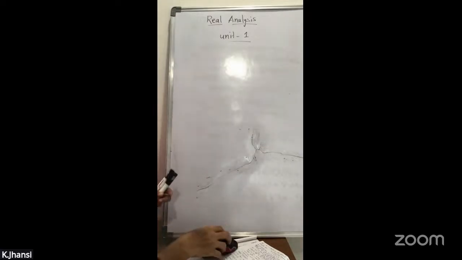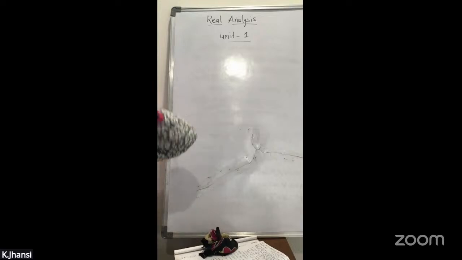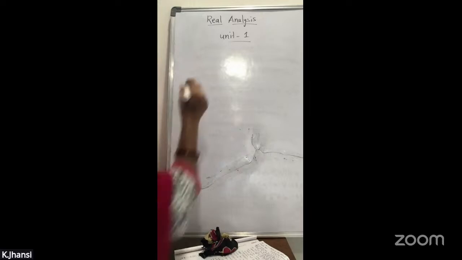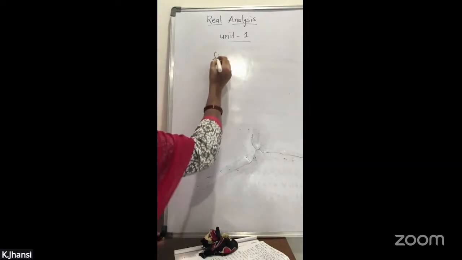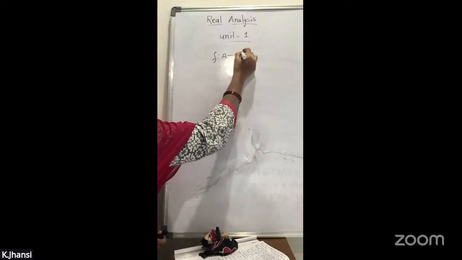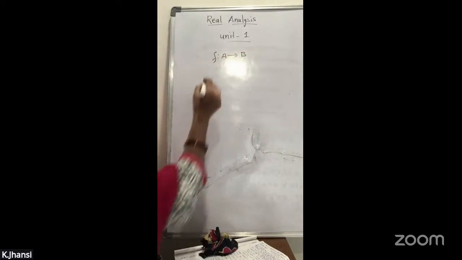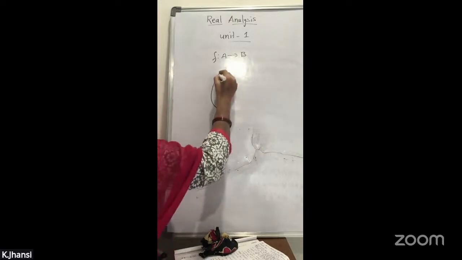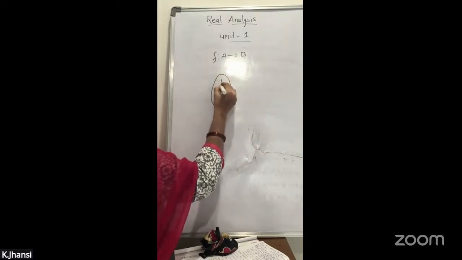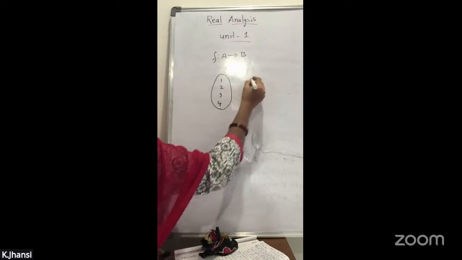So function is nothing but a mapping between any two sets. F is a function which is mapping between set A and set B. So usually you will represent like this, no? F is mapping from A to B. That is, set A to set B. So whenever we write like this, set A equals 1, 2, 3, 4. Okay.